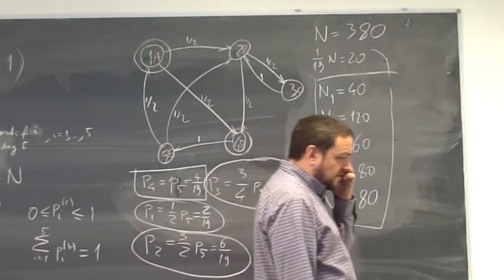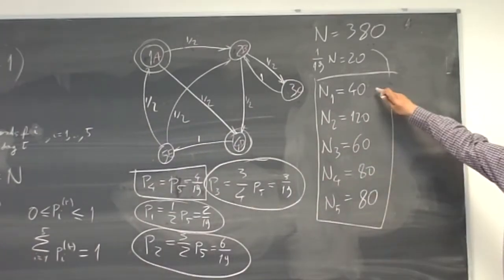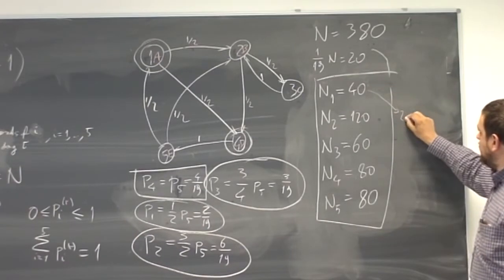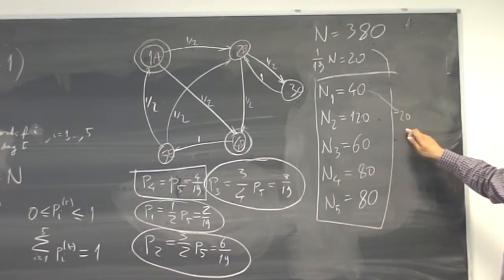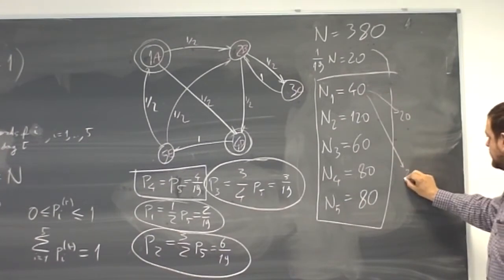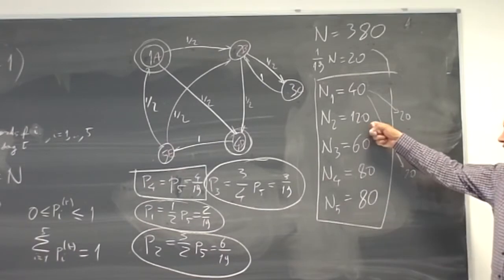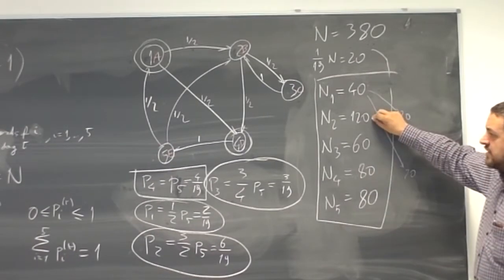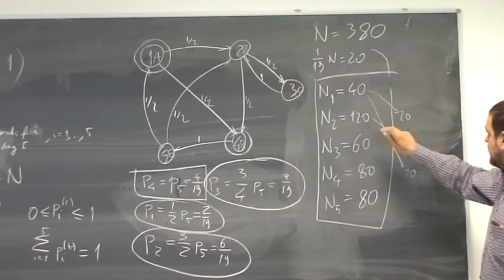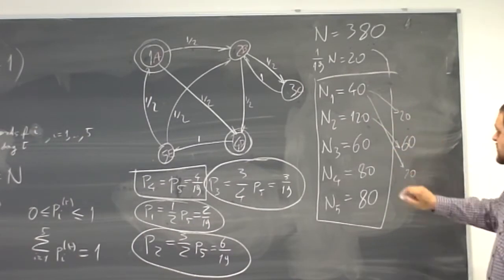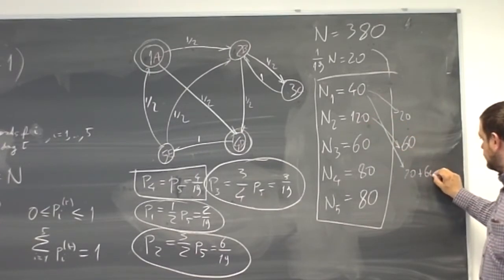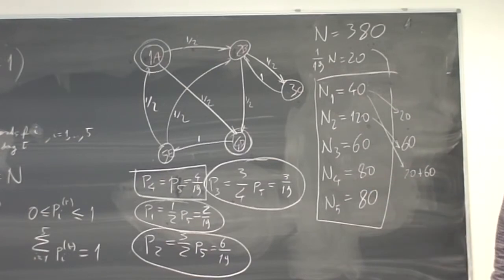So, assuming that A gives half of these cards to B, then next day B would have 20 cards from A, and also D would get 20 cards from A. B would give half of his cards to 3, half of 180, 60, and half of his cards to D, to the 4th player.